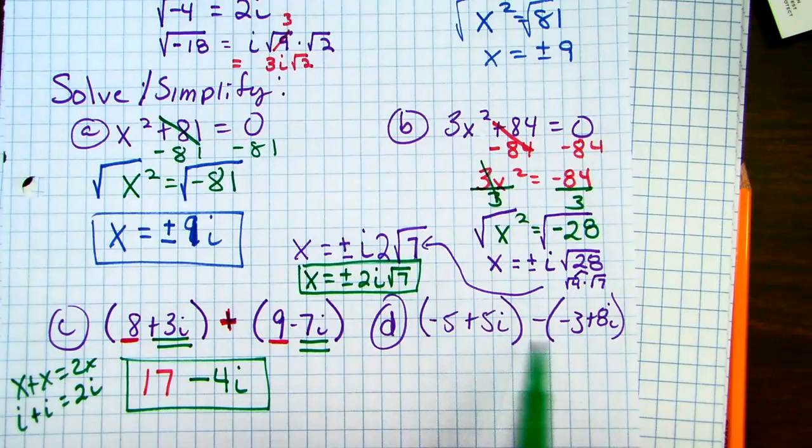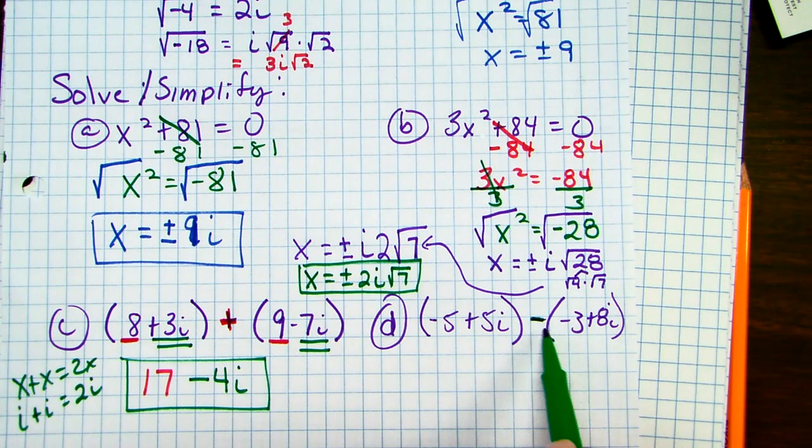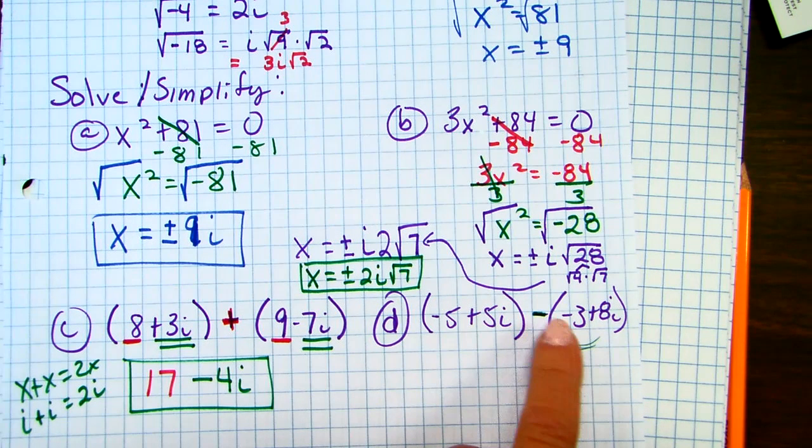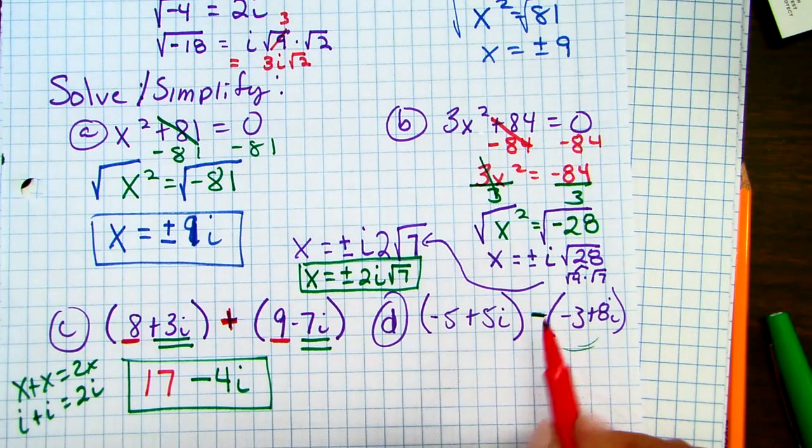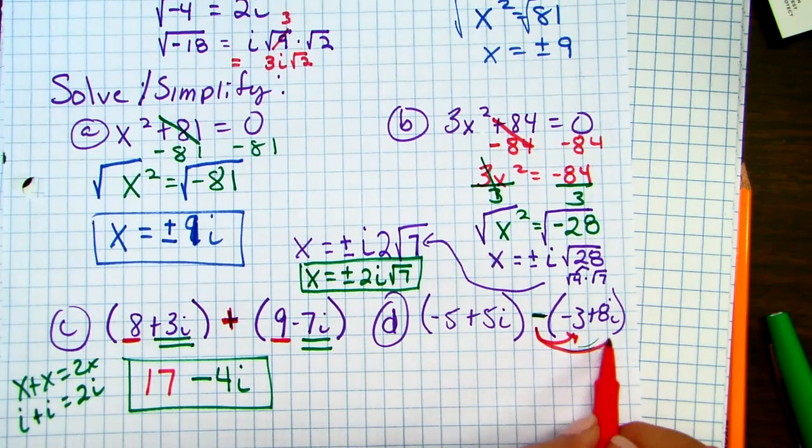The only thing I worry about with this problem, with a minus, is forgetting that that minus goes to everything in the parentheses. You have to distribute the negative. In other words, this is negative 5 minus negative 3. Or, if you don't want to make the mistake, go ahead and distribute it.